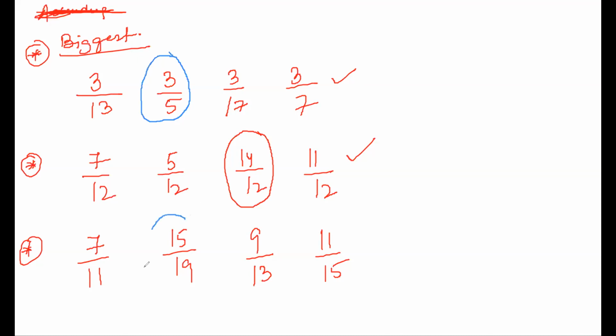The answer is 15 by 19. Now what is unique here? The gap between my numerator and denominator is always 4. So when the gap is always the same, then the bigger the numerator, the bigger is the number. We are looking at a technique where I don't actually calculate the value and I can still tell which is the biggest and which is the smallest. If the gap is always the same, the bigger the numerator, the bigger the number.